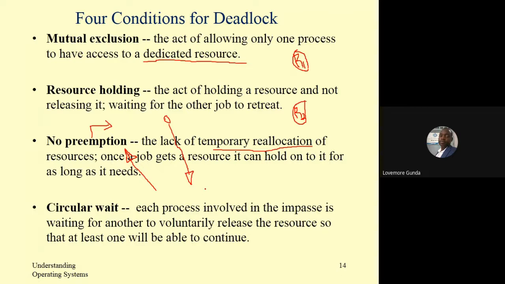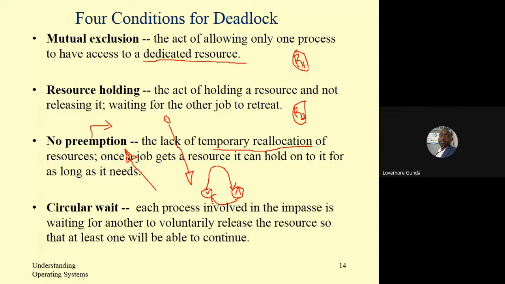Then circular wait. Now that the other three conditions have been satisfied, the algorithm is such that a process will wait for another process to release the resource. Itself, it will not release the resource, but it would wait and expect other processes to release theirs. That's circular wait, right?